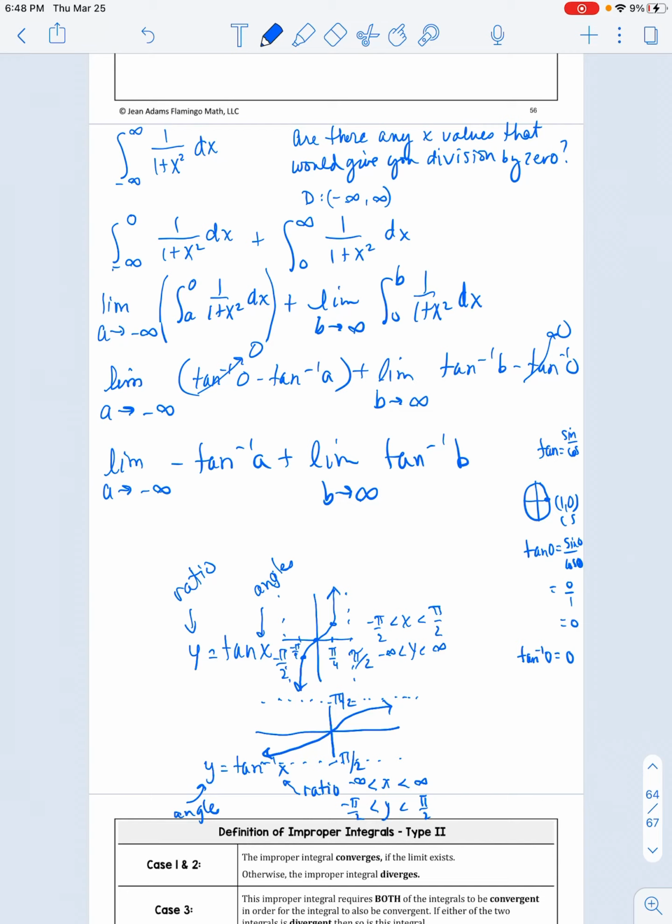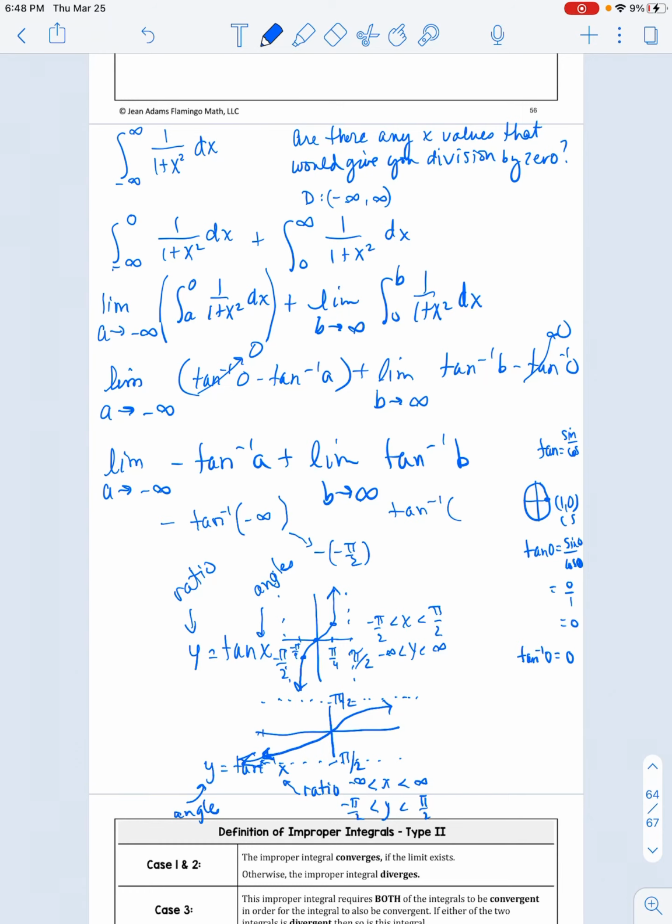Okay? So why am I reminding you of this? Because as you put in x values approaching negative infinity for that inverse tangent, look at what your inverse tangent is approaching. It's approaching negative pi over 2. So this becomes minus a minus pi over 2.